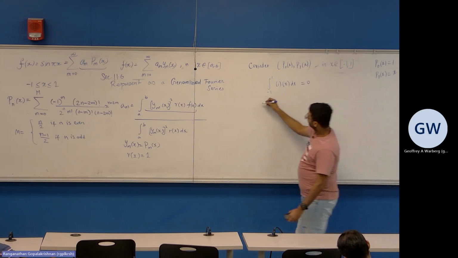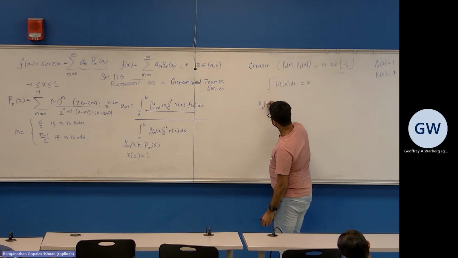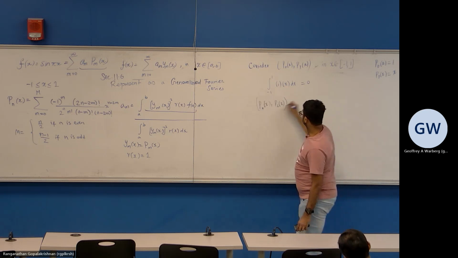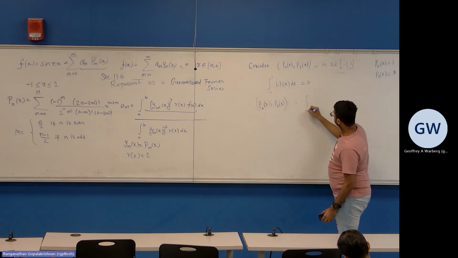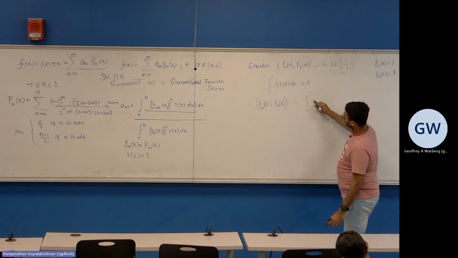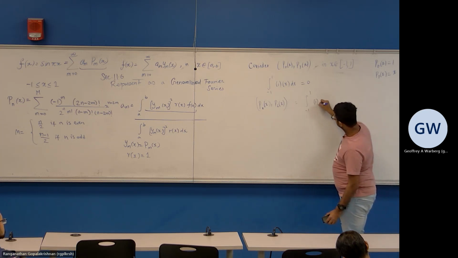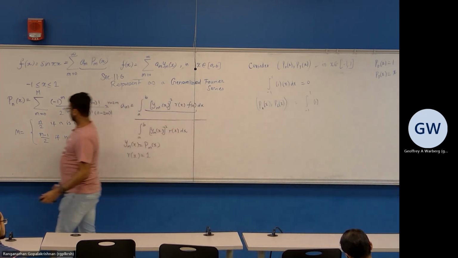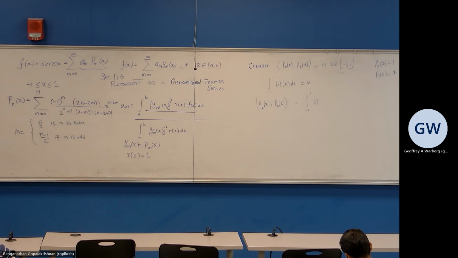You can try P0 of x and P2 of x from -1 to 1. What is P0? 1. What is P2? Is it x squared minus 2 or 3x squared minus 1?